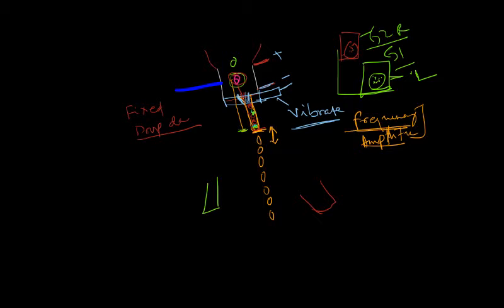Then in the instrument there are two voltage plates, maintained at a very high potential difference, somewhere around 10,000 volts. For example, this is negative and this is positive, so a positive plate and a negative plate.